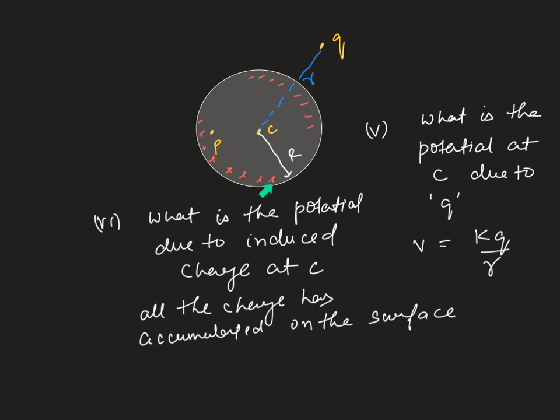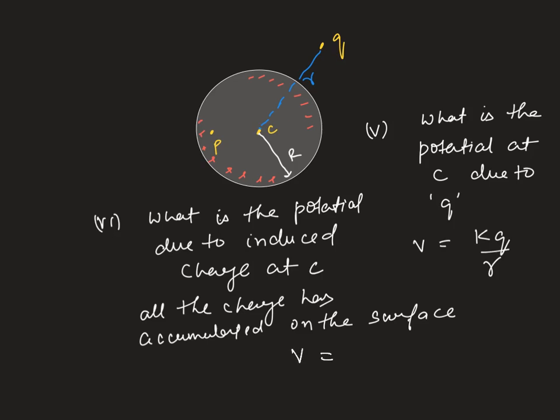So that is the farthest point the field can push the charges. So they will take the farthest points that they can be pushed, and so we can easily say that all the charges accumulated on the surface. Now there are more reasons and more logic to it, but we are not going into that right now. For face value basis, the charge has accumulated on the surface. Now what is the potential going to be?